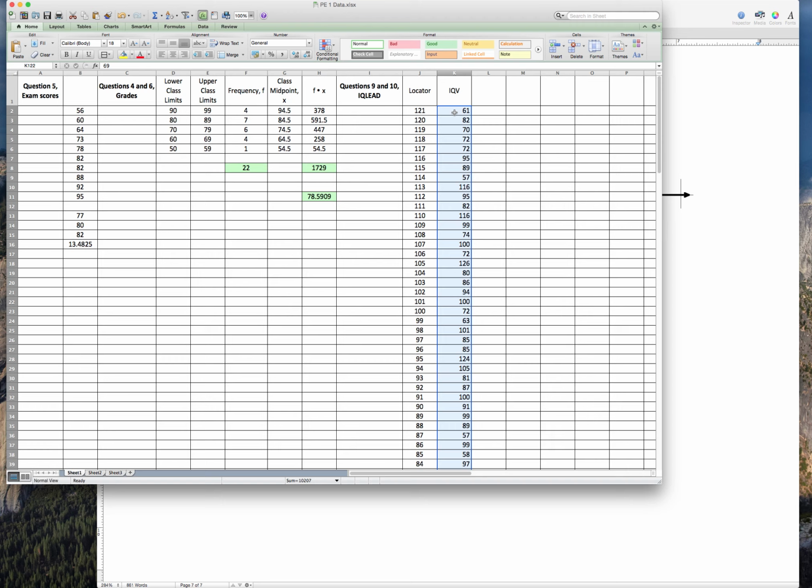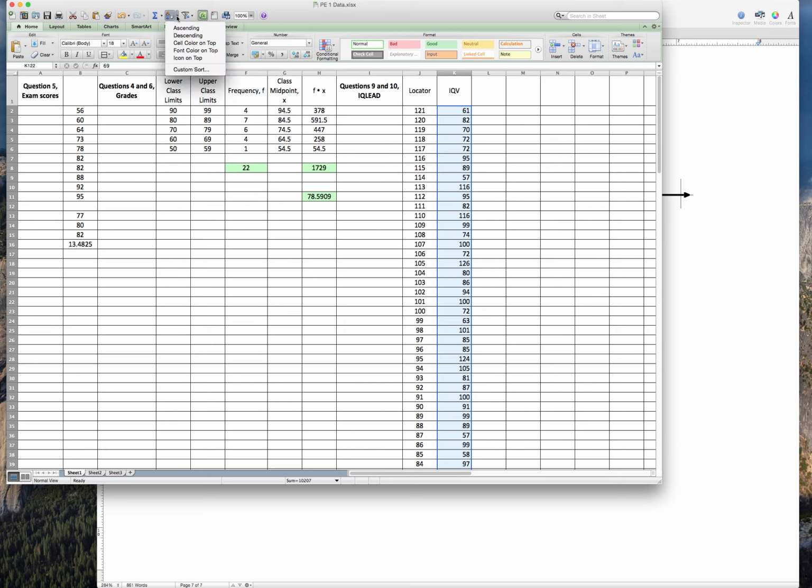We want to sort these, and even though this looks slightly different on my program than it does on the Microsoft version of Excel, it's still the A to Z, it's still the sort function, and so you click on sort.